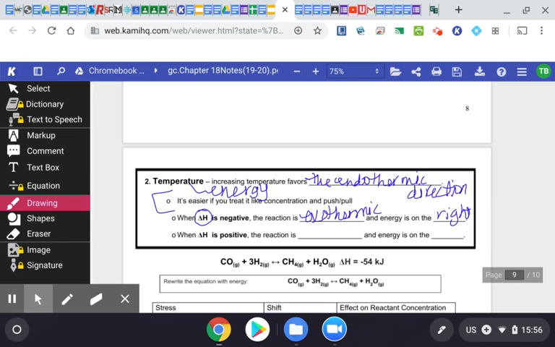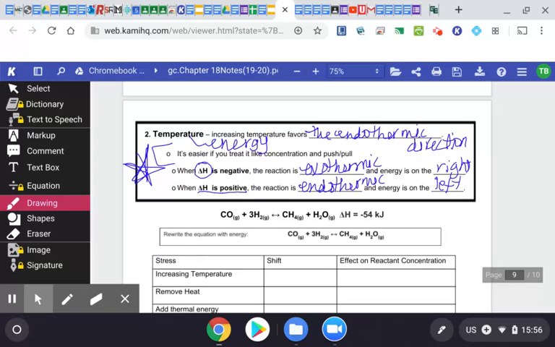So energy is going to be on the right-hand side. When our delta H value here is positive, so our change in energy is positive, that means we have an endothermic reaction. Energy is being absorbed into the reaction, and energy is going to be written on the left-hand side. This is such an important idea. This is something that you're going to come back to over and over again as we're doing our work with Le Chatelier's principle.